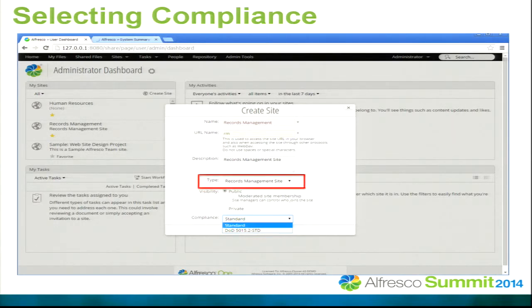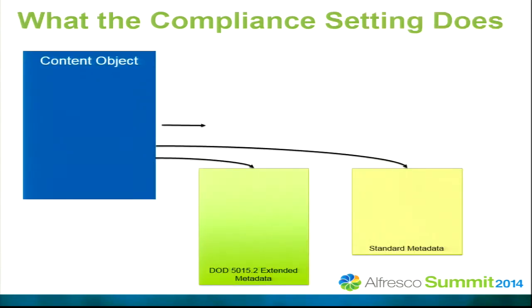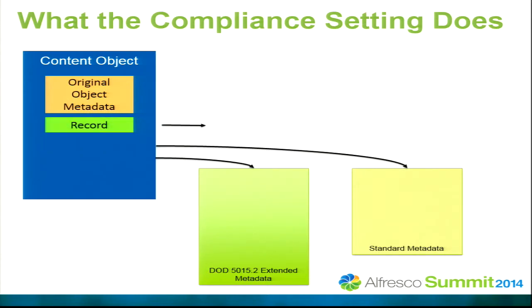So when you select your records management site, you get a pick, and I'm sorry for the eye chart. You can come back to some of these slides that have really small writing on them and use them as a reference later. So what the compliance setting actually does is this. You have a content object with some metadata. When you declare it as a record, an additional set of data gets appended onto that, including DoD 5015 metadata, and that's what happens currently.